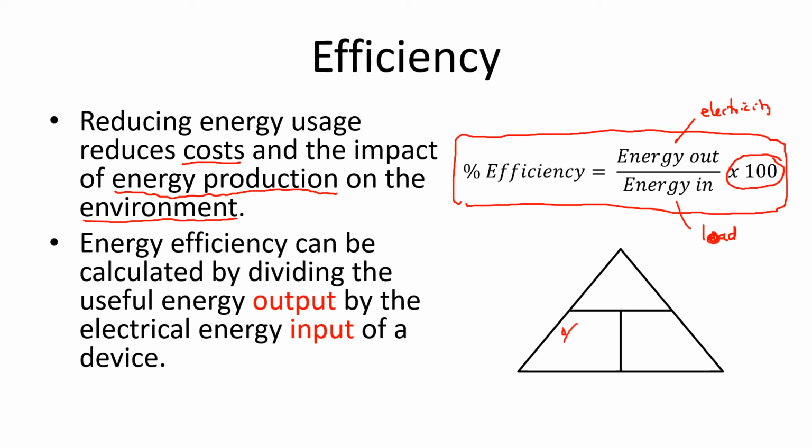So the percent efficiency over 100 equals the energy out divided by the energy in. And then you can use it just like you did all your other triangles in rearranging it. Or you can do the mathematical way and just rearrange it like you do in algebra.